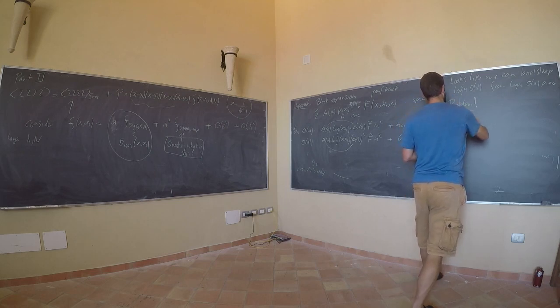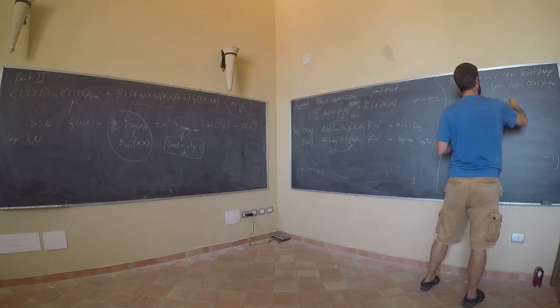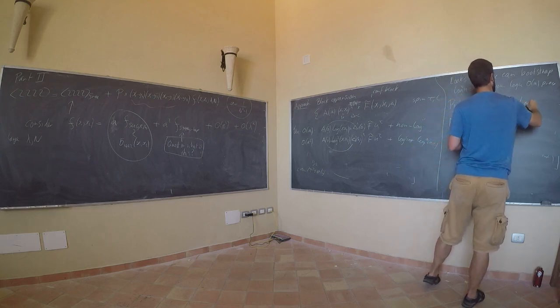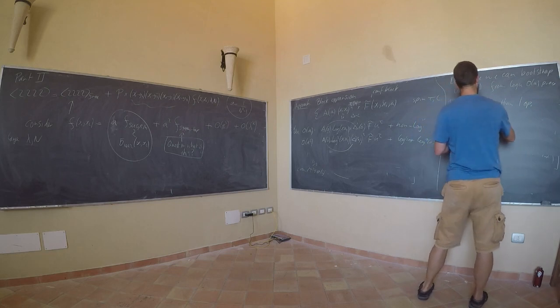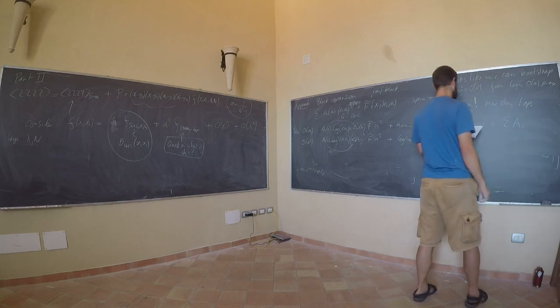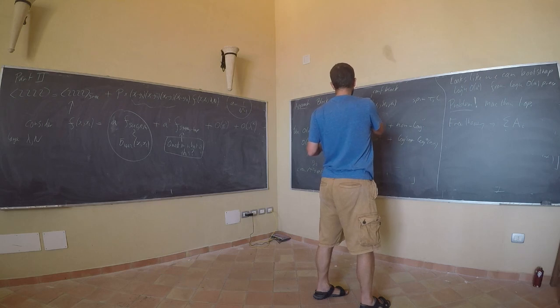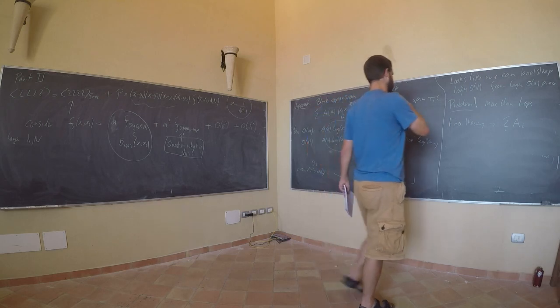So the problem is there's more than one operator. So in free theory, we have the sum of A_I. Sorry, by free theory you mean large lambda? Yes, it's not right.